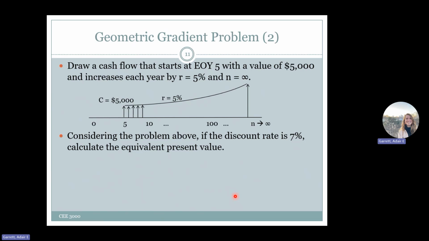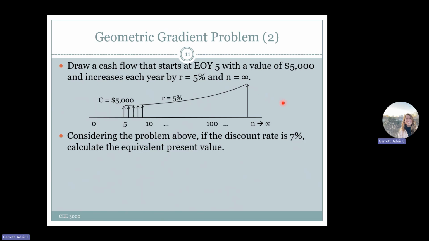The first thing we do is draw our cash flow diagram, and you could have drawn exactly like this, or you could have drawn an arrow for P at year 0. But here we're just demonstrating that our first payment starts at end of year 5. We start at $5,000 and we're increasing by R equal to 5%.